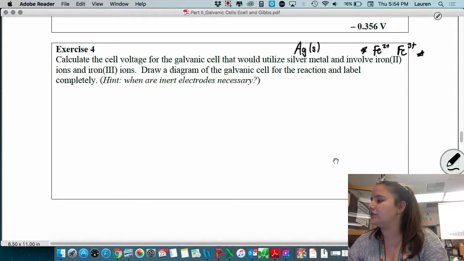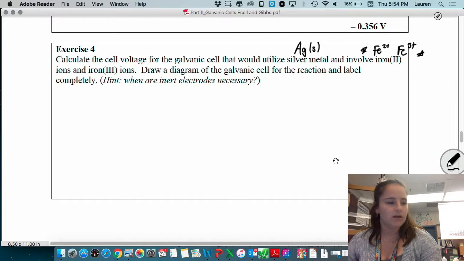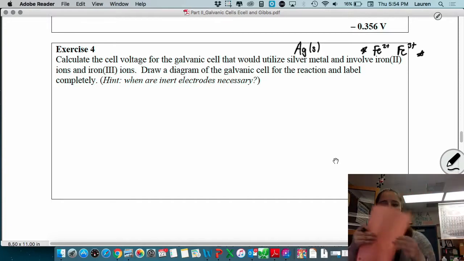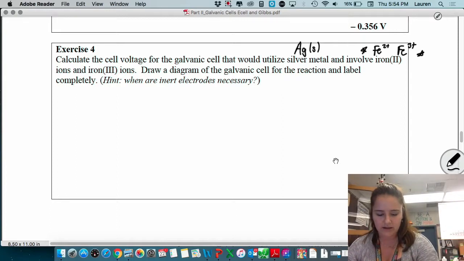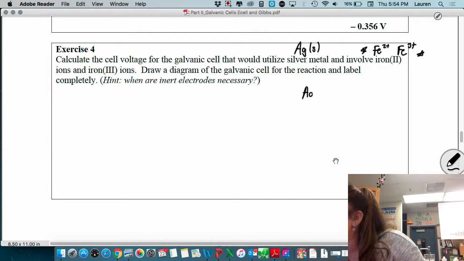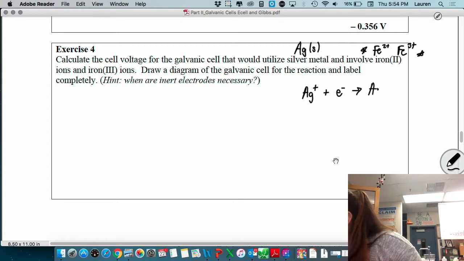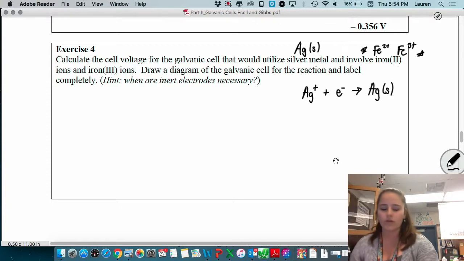Okay, so first Ag. Let's go to the handy dandy table and find the one involving our silver solid. Okay, there it is, right up top somewhere we have Ag plus an electron forming Ag solid.